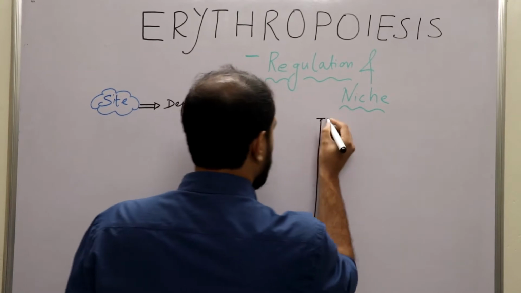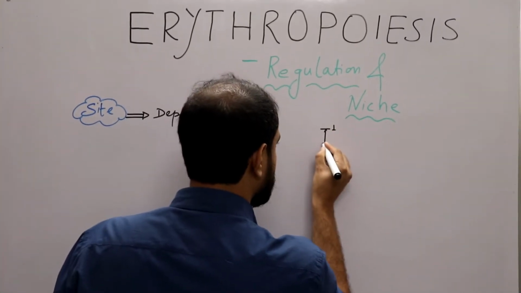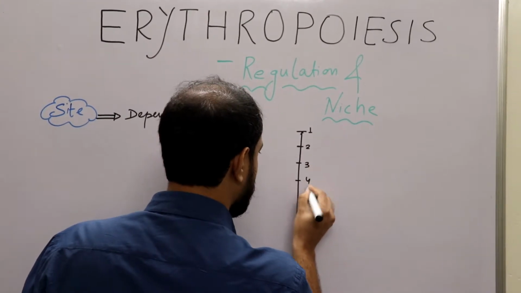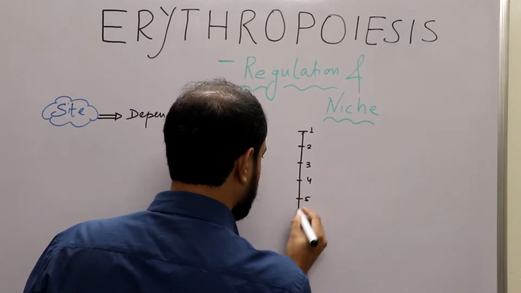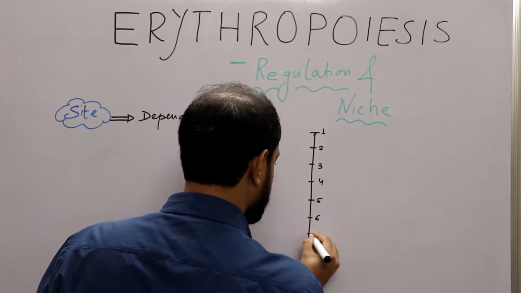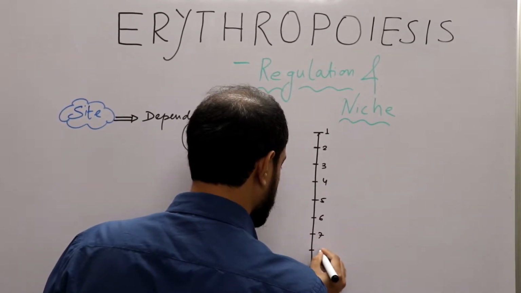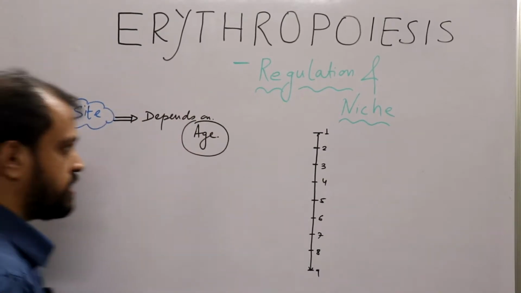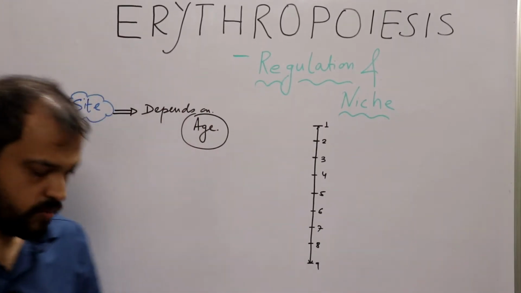This is the first month, second, third, fourth, fifth, sixth, seventh, eighth, this is the ninth. So these are the 9 months.